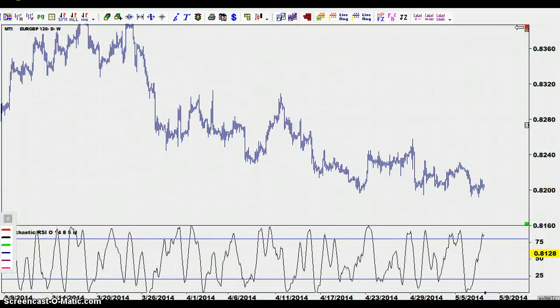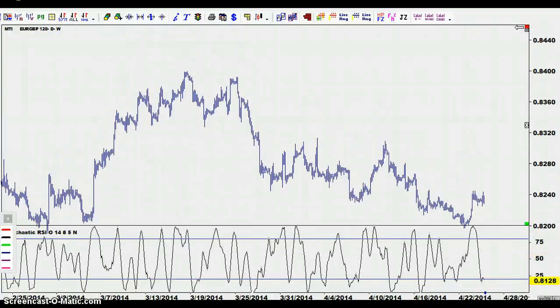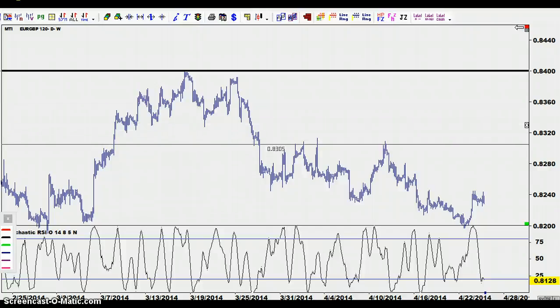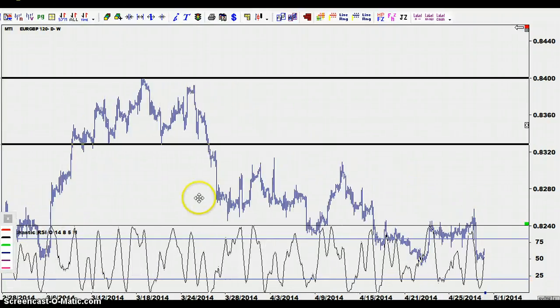Let's move on to our 2-hour charts. Okay. Now we're looking for up moves, right? Because the market says it's going into an up move. The bigger charts are saying an up move.